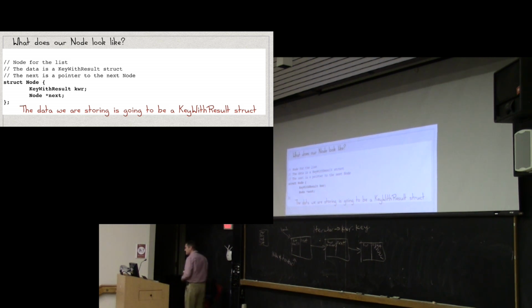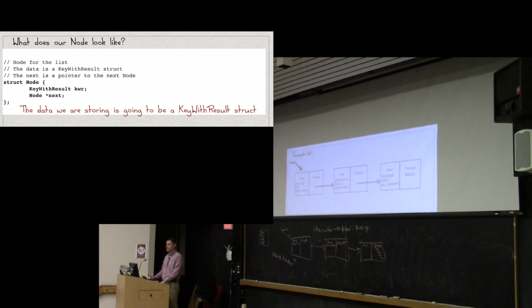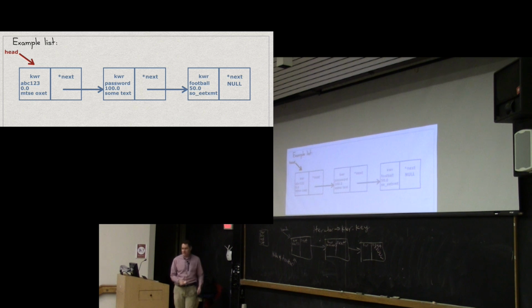All right. Now, here's an example list. Does this list make sense? By the way, it would probably look like this at the end of phase 1 because these are filled in. It's going to be the head pointing here. It's going to be ABC123 0.0 and then some not very well decrypted text here.